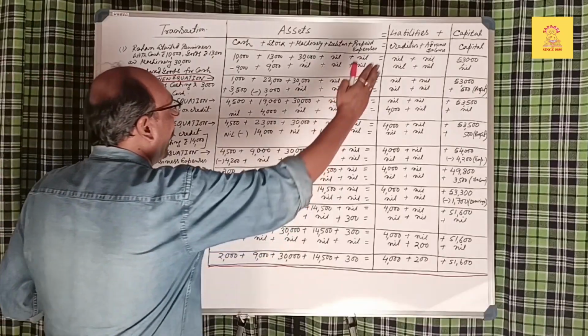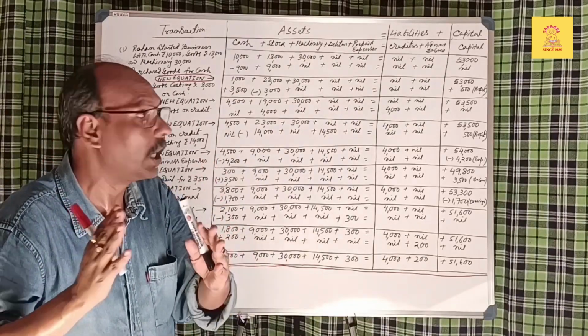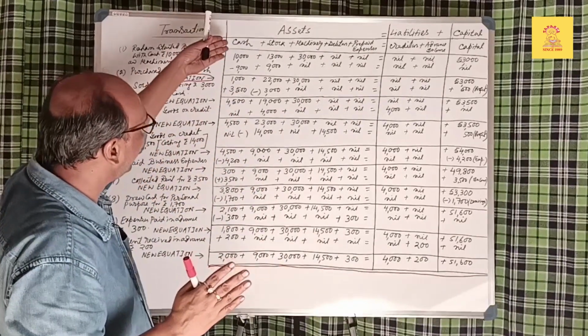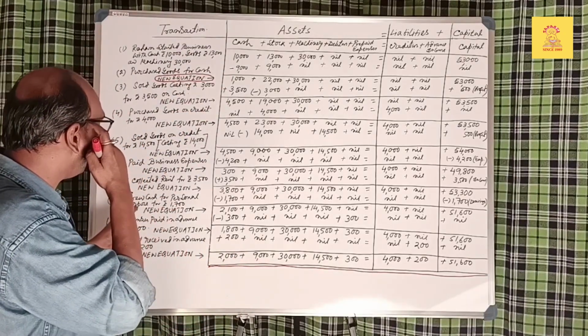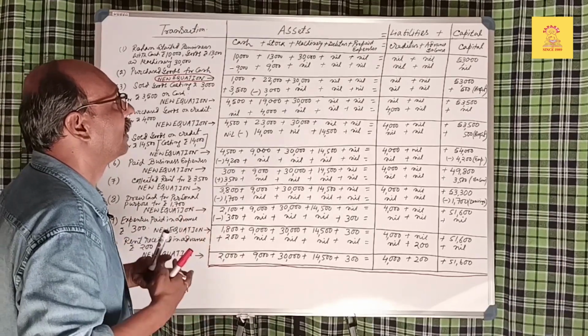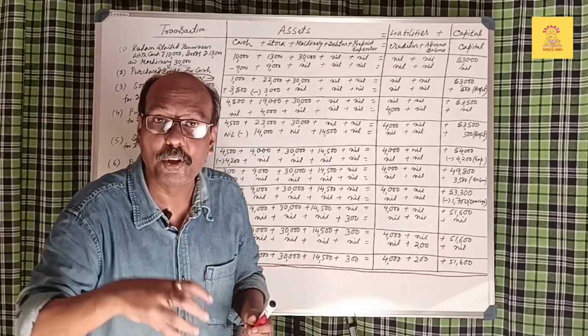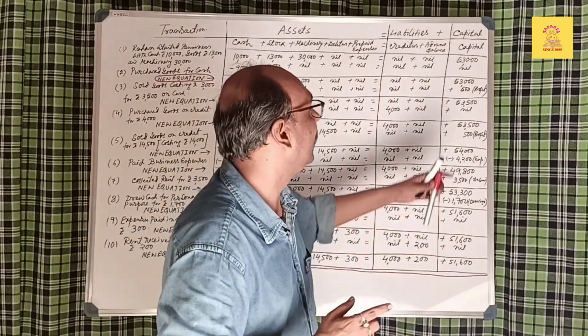So it will affect your capital, and whatever collected means collected in the form of cash. So cash is already written here. Next, drew cash for personal purpose. Whenever you have drawn cash for your personal purpose, that is a withdrawal by the proprietor, so it affects your capital.